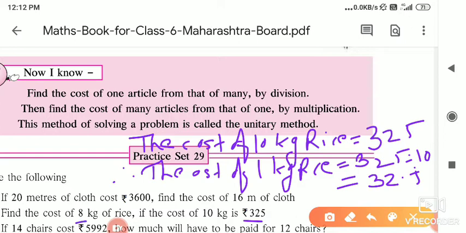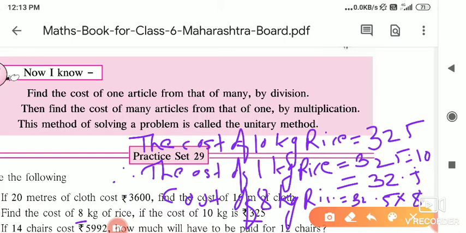Now this is the cost of 1 kg rice. Now the cost of 8 kg rice is equal to 32.5 into 8. Just multiply it. 8 5s are 40, 8 2s are 16, 16 plus 4 is 20.